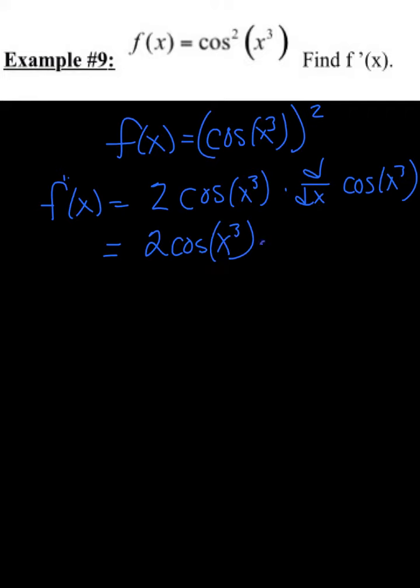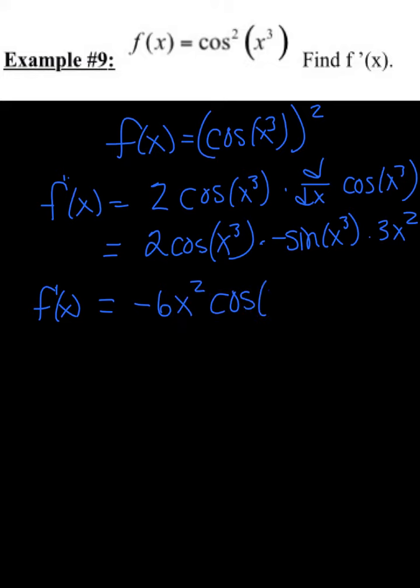Well, the derivative of cosine x cubed is the derivative of cosine evaluated at x cubed times the derivative of x cubed. So negative sine x cubed times 3x squared, making f prime of x, the derivative that I am looking for, negative 6x squared cosine x cubed sine x cubed.